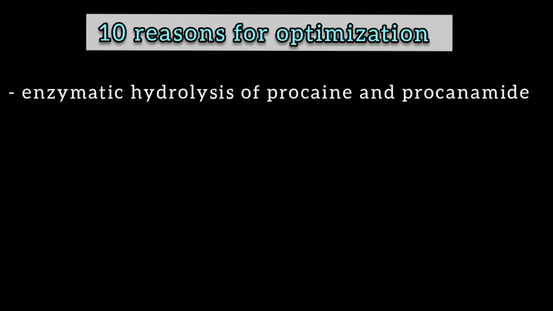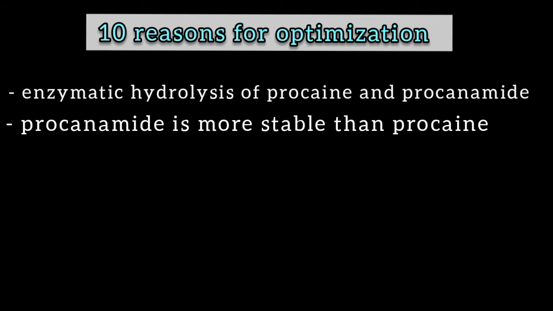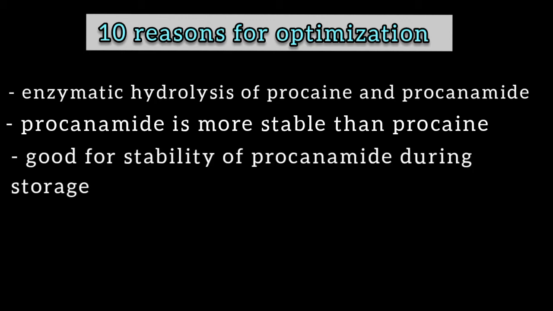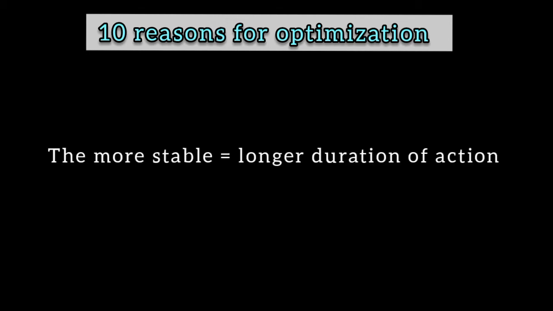This means that procainamide is more stable than procaine. This is also good for storage purposes. It also improves the storage stability of the drug if it's less hydrolyzable. The more stable it is, the longer the duration of action.